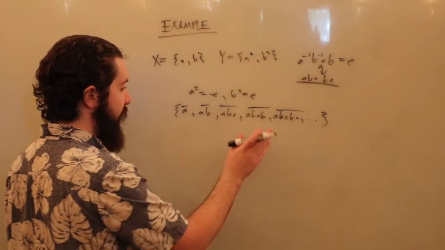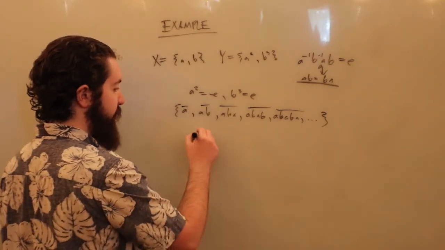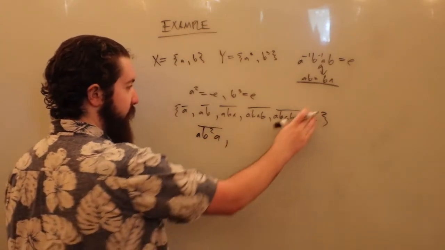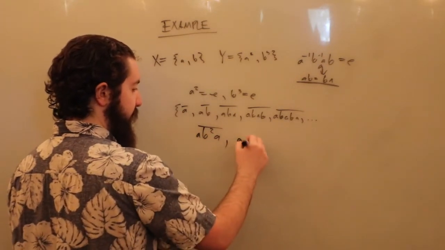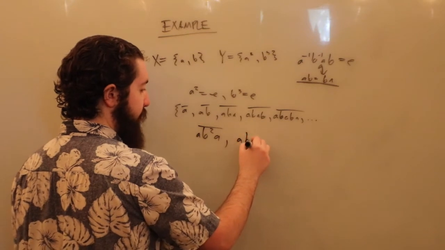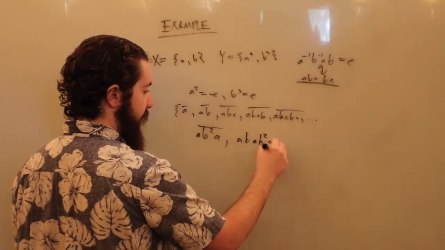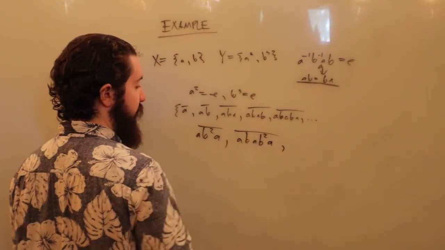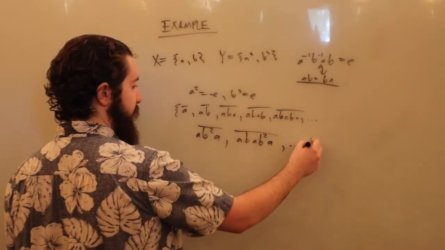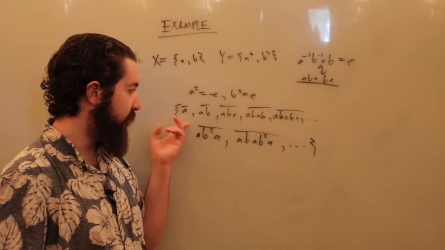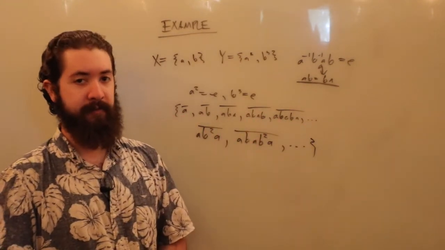And there's going to be more elements than just those, right? There will be, for instance, AB cubed A will have its own equivalence class, and B squared A will have its own equivalence class, and so on. But all we needed was this initial sequence to show this group is going to be infinite.